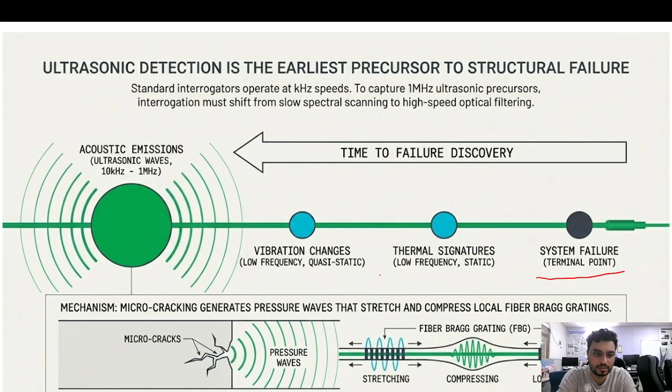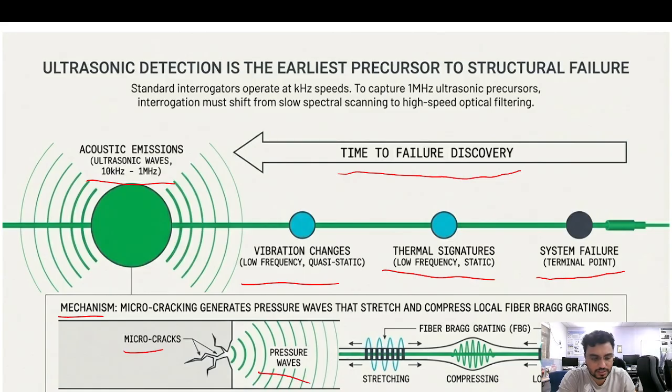Then it moves to the first thing here, acoustic emission ultrasonic wave, 10 kilohertz to 1 megahertz, which has the time to failure discovery. Then thermal signature, low frequency static, vibration changes. The mechanism is micro cracking generates pressure waves that stretch and compress local fiber Bragg gratings, and that's how pressure waves are generated because of the micro cracks.